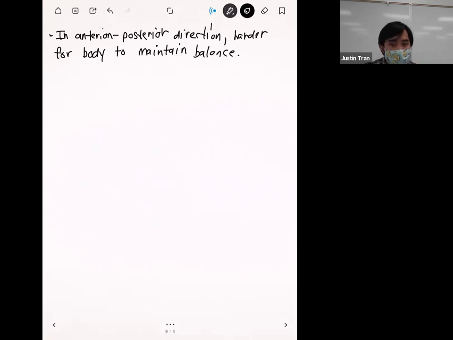And so in addition to your abdominal and back muscles, another muscle that helps a lot with this is your calf muscles.